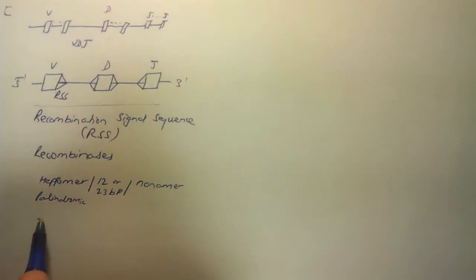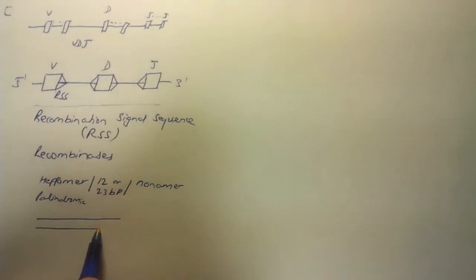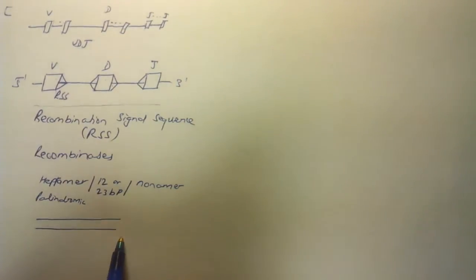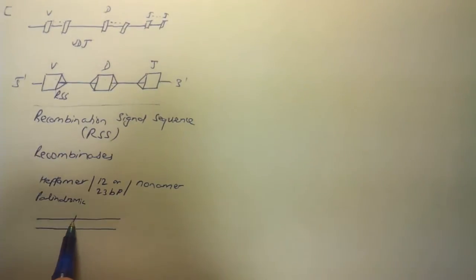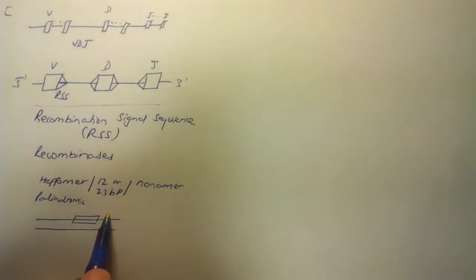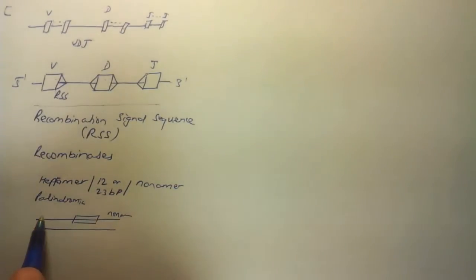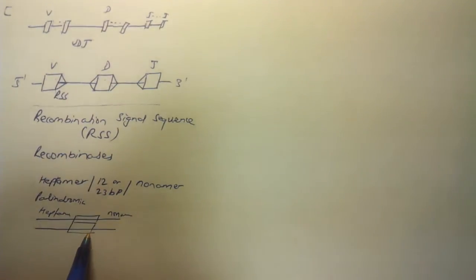So let's say we have a DNA strand, let's say a sequence, let's say this is our RSS, then we're going to have like 12 or 23 base pairs. This is going to be our nonamer, this is going to be our heptamer. And if I read this way on this part, and if I read this way on this part, I'm going to read the same.